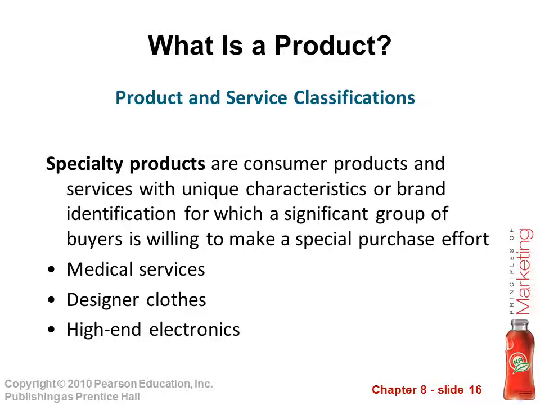The third classification is specialty products, which are consumer products and services with unique characteristics or brand identification, like women's jewelry, for which a significant group of buyers is willing to make a special purchase effort, like designer clothes or high-end electronics.